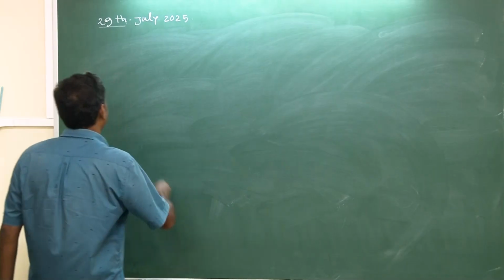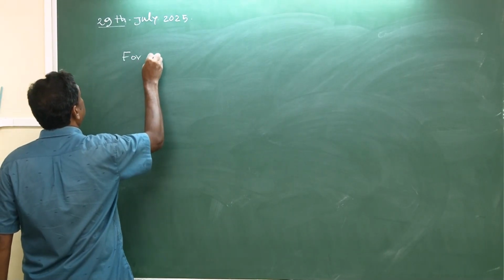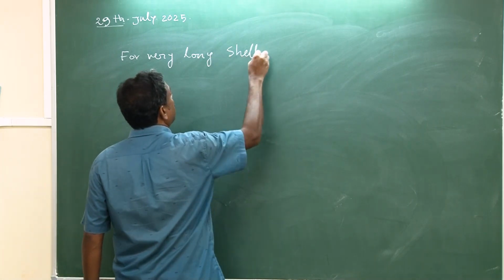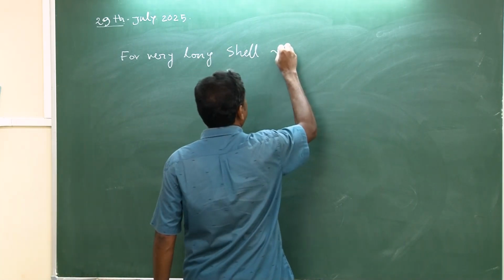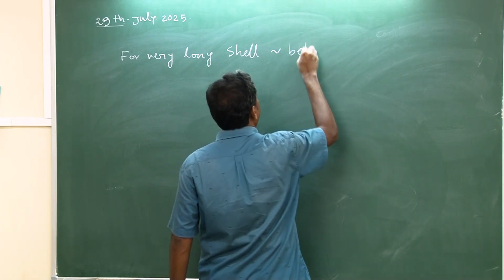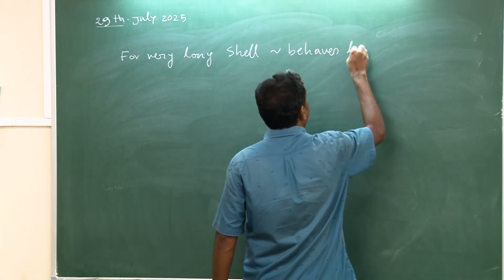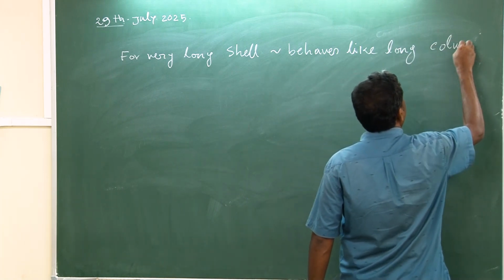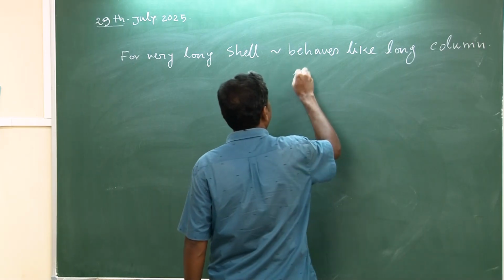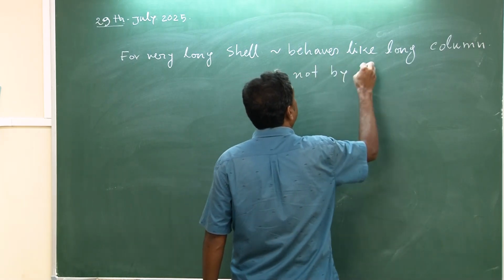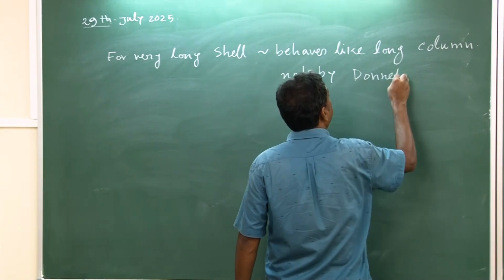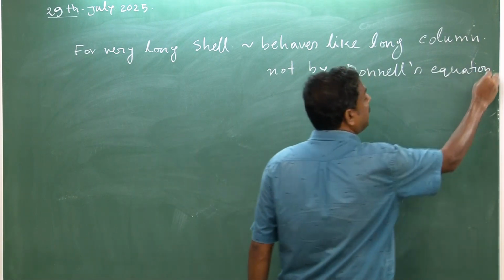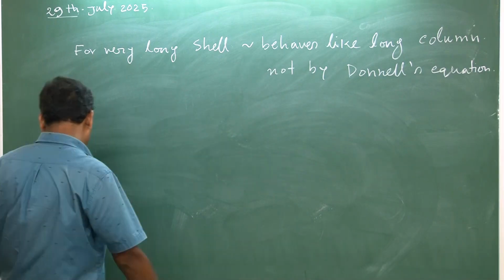It will behave like a long column, so for a very long shell, it behaves like a long column, not governed by Donnell's equation. Please note that.